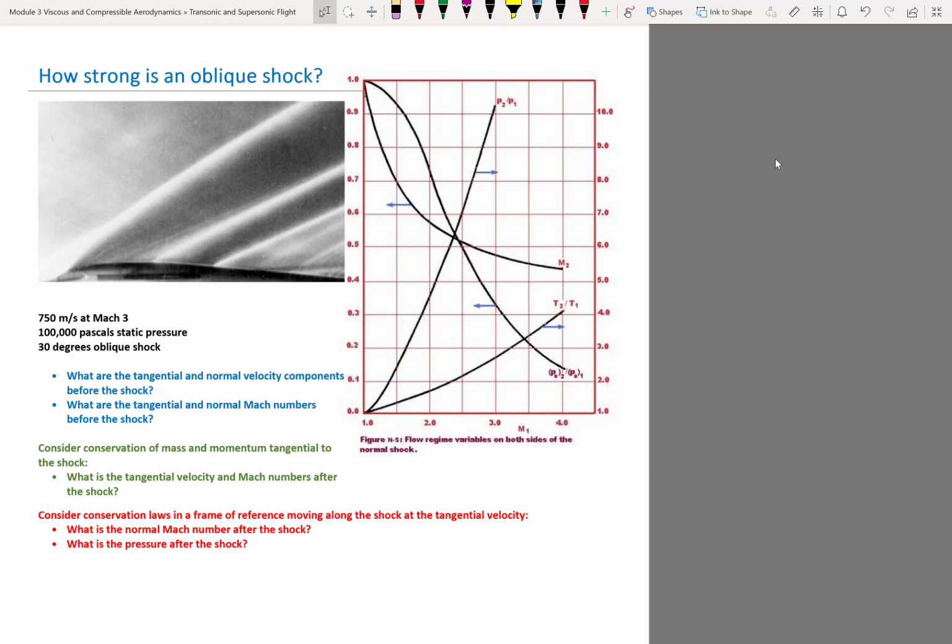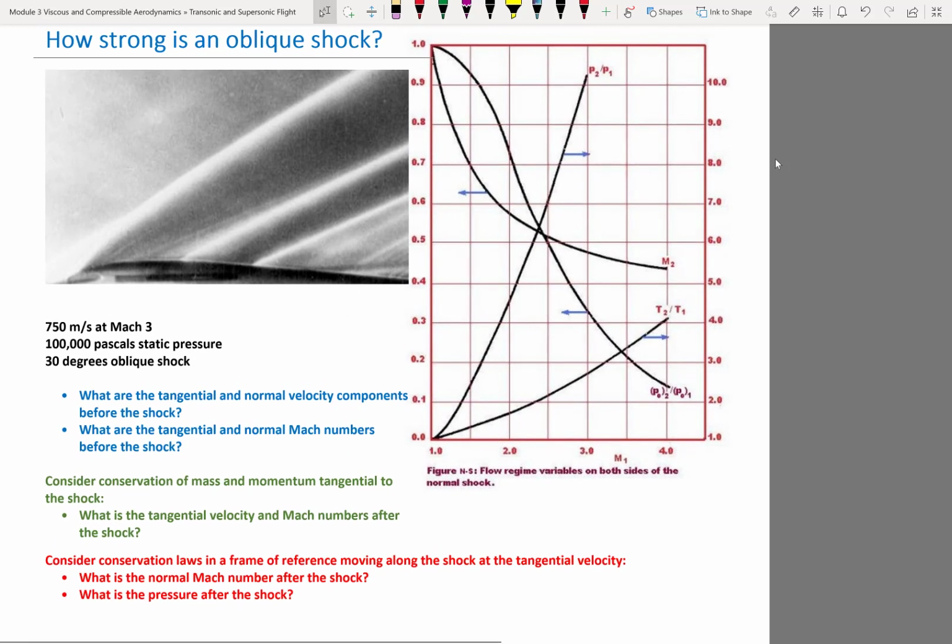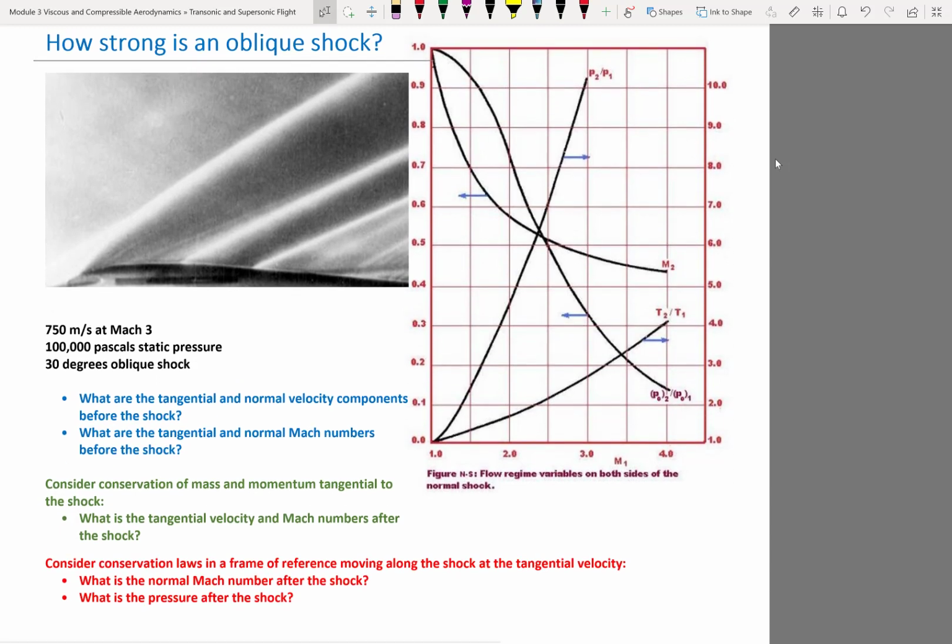Okay, so this is titled "How Strong is an Oblique Shock?" I would have let you work on this, except we don't really have that much time, so we'll work on it on my screen to see what we get.